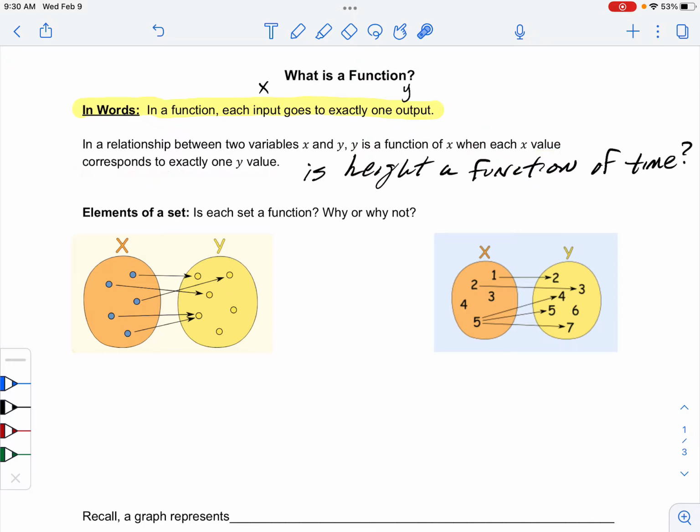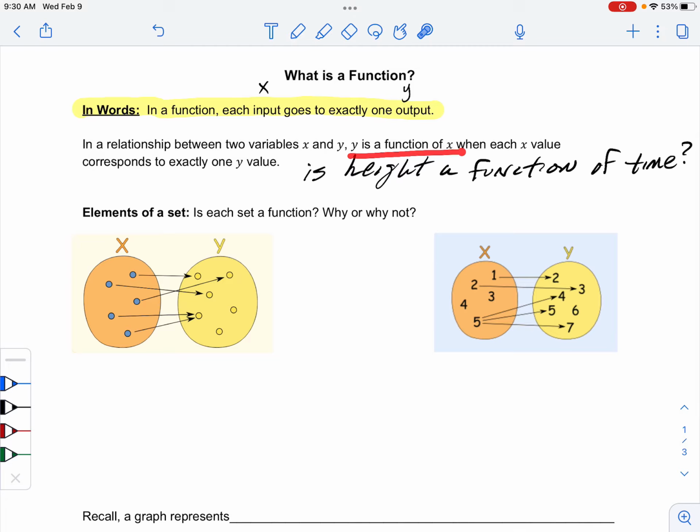So how we'd want to use that is if you have a question phrased like this: is height a function of time? That's when we need to go back and think about this first part of the definition. Is height a function of time is really like y is a function of x. So this tells us which variable is which.